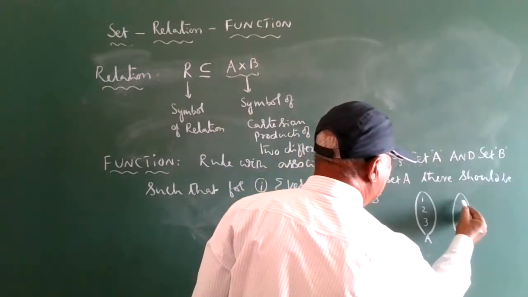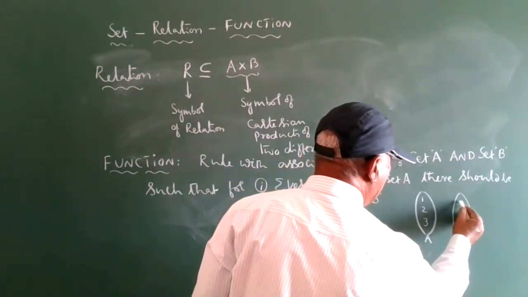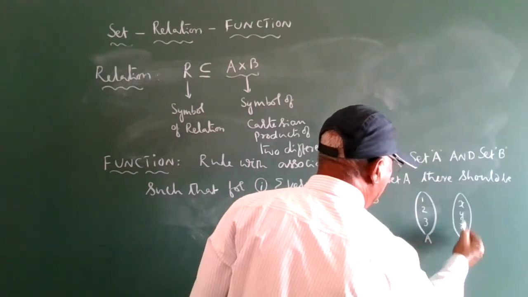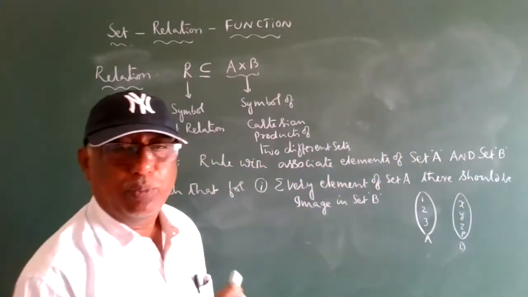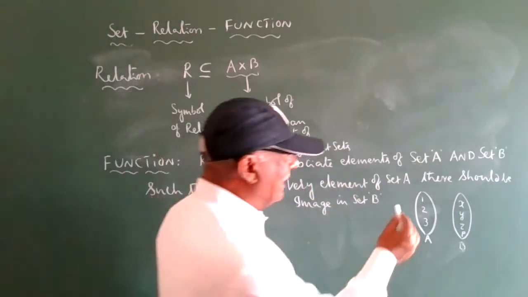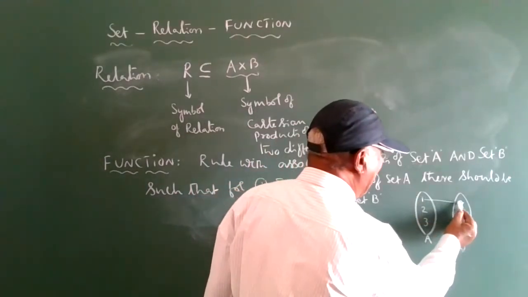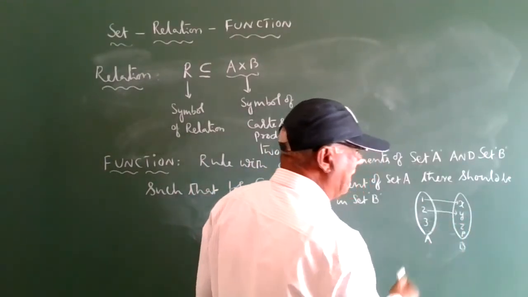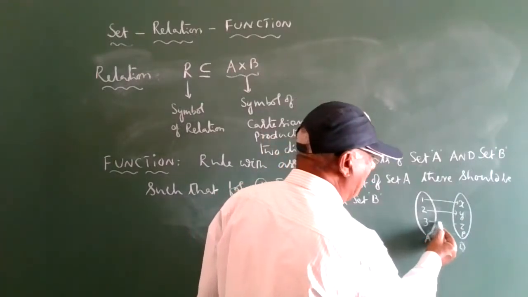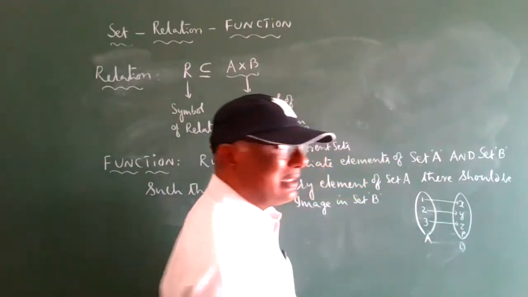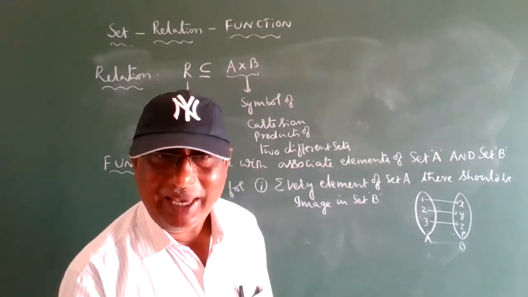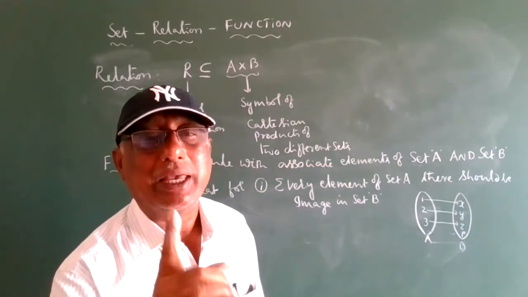Here we have X, Y, Z, and P. I put the bulb at 1, its image is X. At 2, its image is Y. At 3, its image is Z. Every element of set A should have an image.